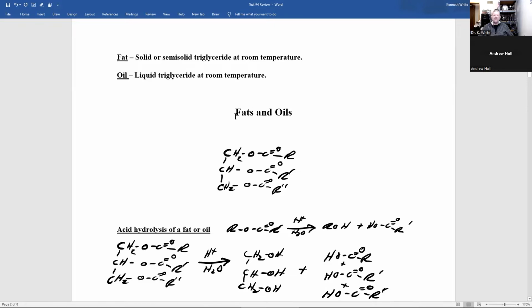Now, the structure of all fats or oils is this triglyceride right here. And notice there's 1, 2, 3 esters.